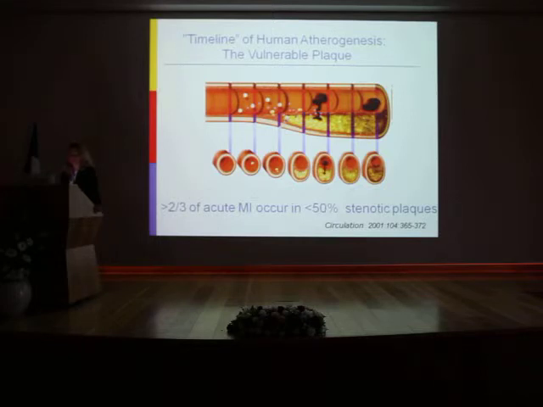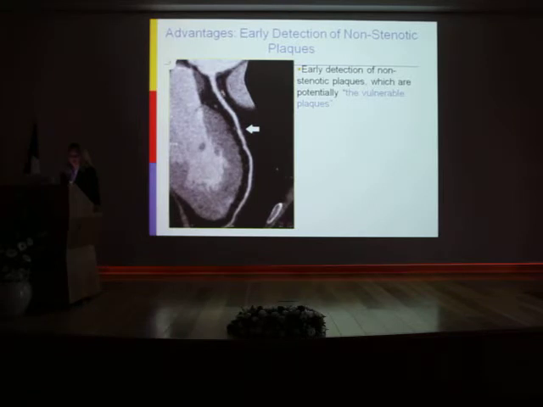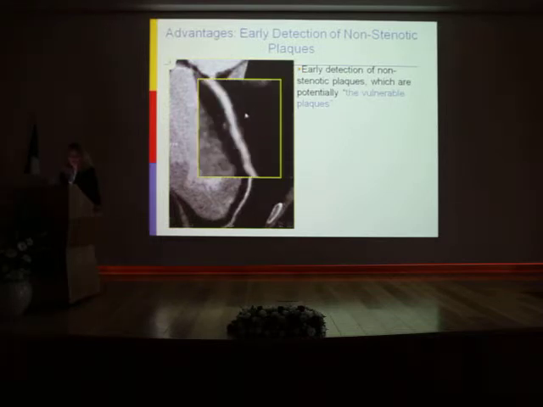How does this work with CT? This is a patient who had CT. This is his left anterior descending coronary artery. It looks patent and normal. However, if we look carefully, we can see this plaque, which has positive remodeling and low attenuation, and we believe that this might represent the vulnerable plaque.